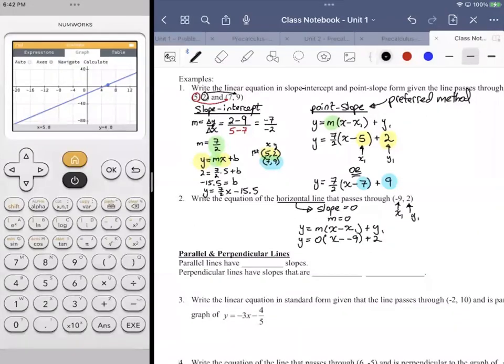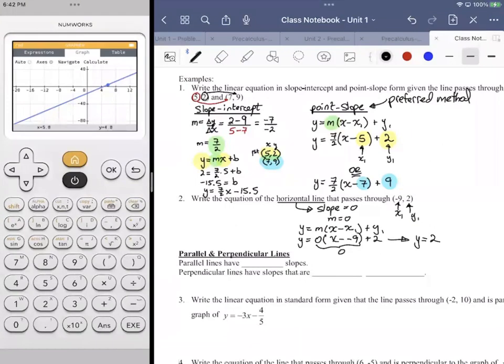Plus 2. Now this whole thing, we have a 0 factor. So that's all going to zero out, regardless of whether you put the correct amount of minus signs in there. It's going to zero out anyway, and you get the line y equals 2.